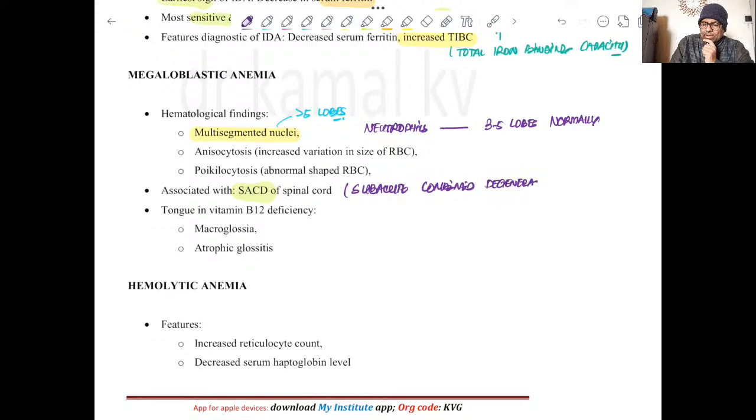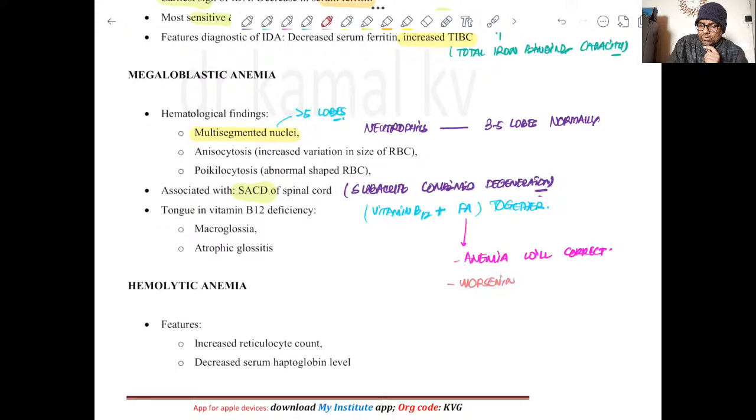And therefore we always say that if you treat a case of megaloblastic anemia, always give vitamin B12 plus folic acid together, because if you give only folic acid, anemia will correct, but neurological signs will worsen, right? So worsening of neurological signs. So never give folic acid alone. Clear? Need to add vitamin B12.